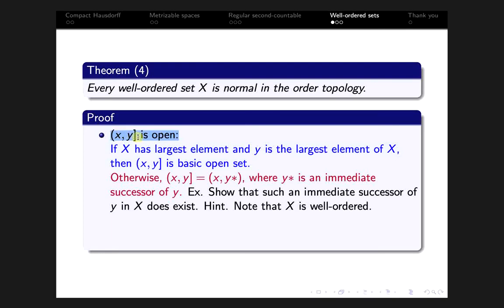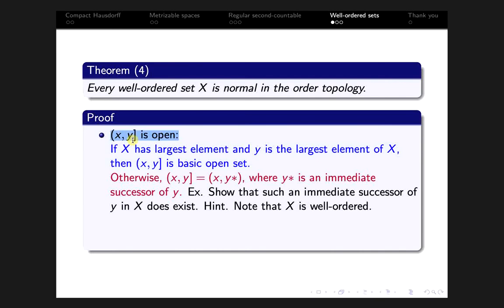Now in the case when Y is not the largest element, then we have some Y prime that is the immediate successor of the element Y. Why such an immediate successor exists is an exercise.